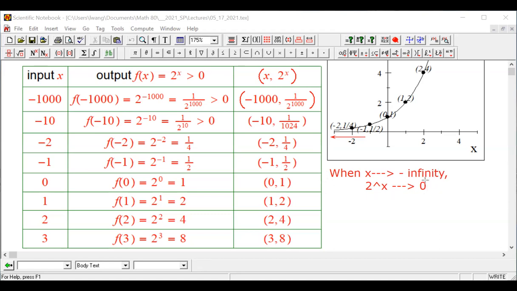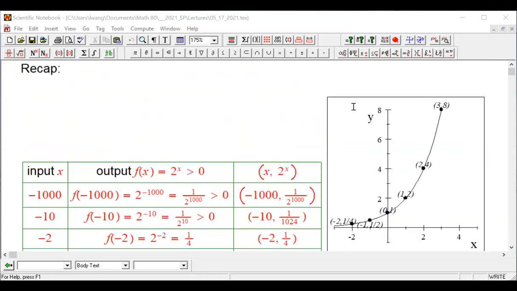So we put a little positive sign on the shoulder, meaning that 2 to the power of x is approaching 0 from above. That's the picture we got last time. So I'm going to put these comments on the top.